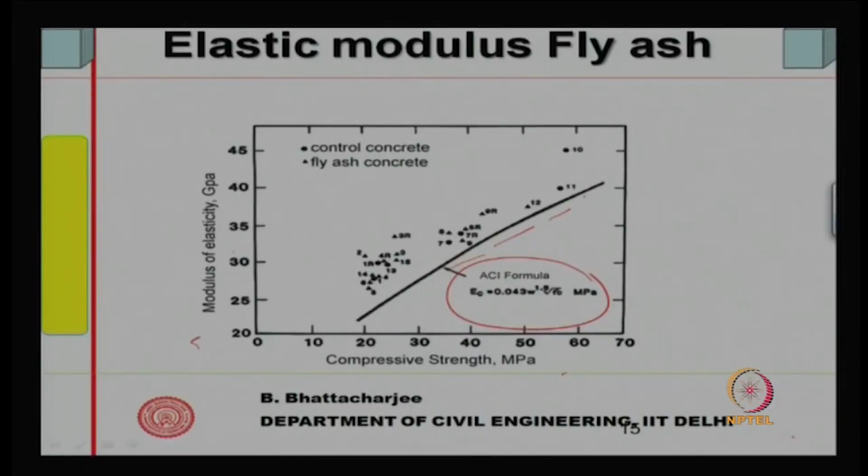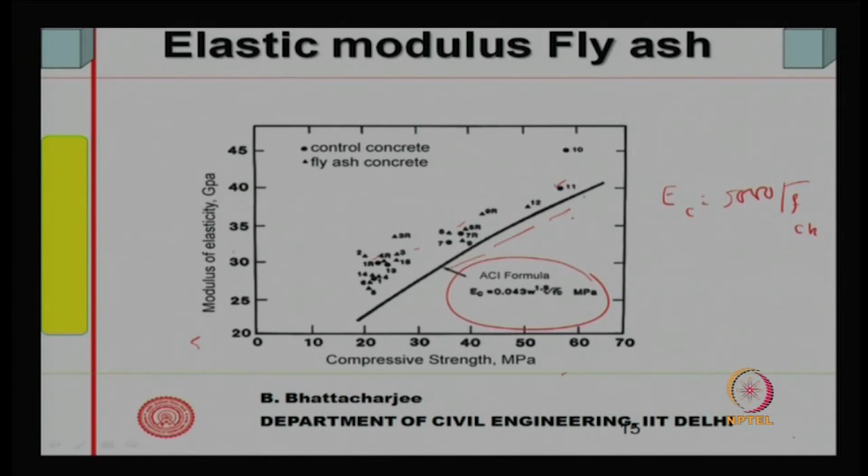We have the IS code, and any other code will have a similar thing. In fact, if you see the IS code, it is 5000 under root fck, that is the relationship. That kind of empirical relationship exists with ACI, the American Concrete Institute, which has a similar formula, and this is actually conservative. Real lines with control concrete, that is without fly ash etcetera, lie somewhere there, and this line is much lower than that.